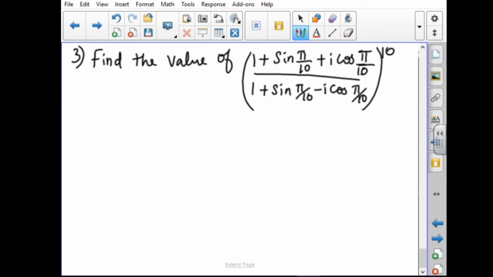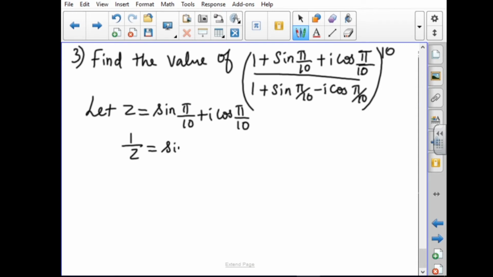To find the value for this problem, we have to check first that it is in the form of sin and cos, starting with sin and ending with cos. So let us consider first, let Z be equal to sin pi by 10 plus i cos pi by 10. So what is 1 by Z? 1 by Z is nothing but sin pi by 10 minus i cos pi by 10, when you take the conjugate and multiply and divide.